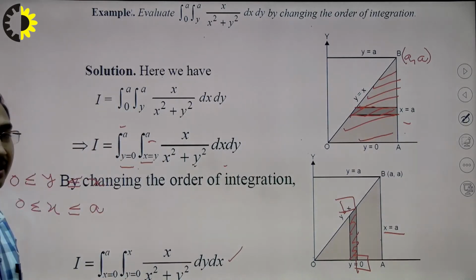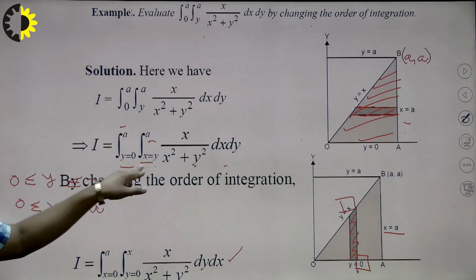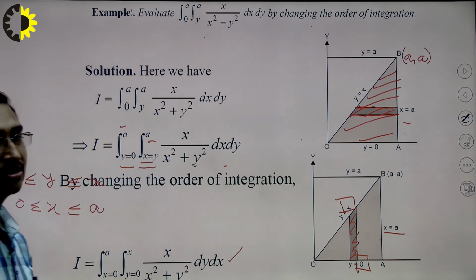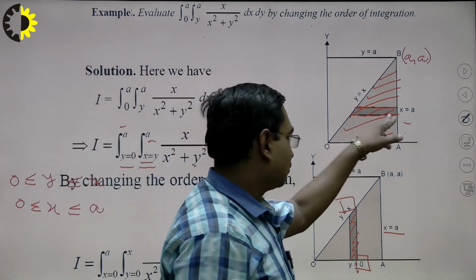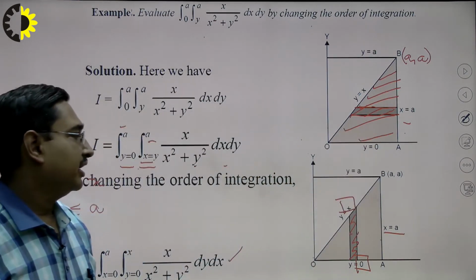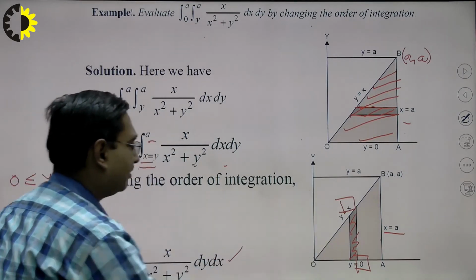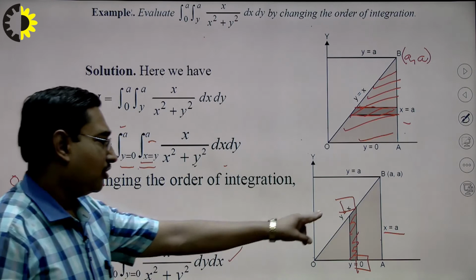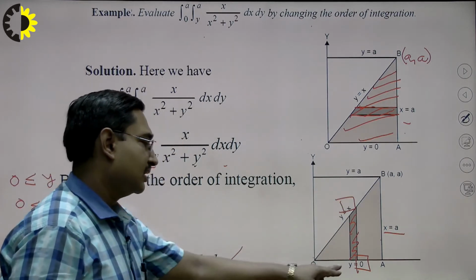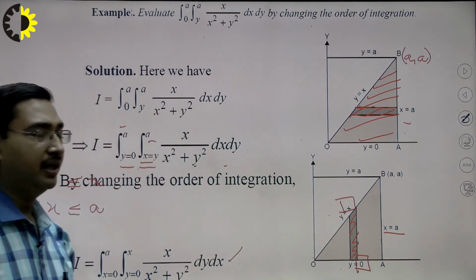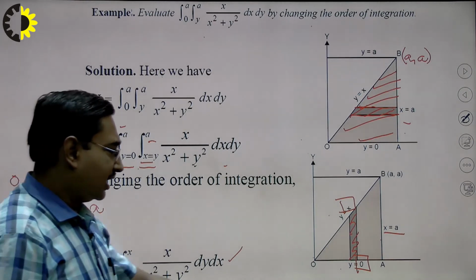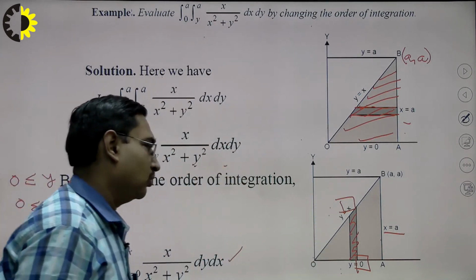Then we decided the type of slicing: because limits of x are occurring inside, it means horizontal slicing. So to change the order of integration, we change the type of slicing. This vertical slicing was used. With the help of this vertical slice, the limits of y were calculated using equations of boundaries.